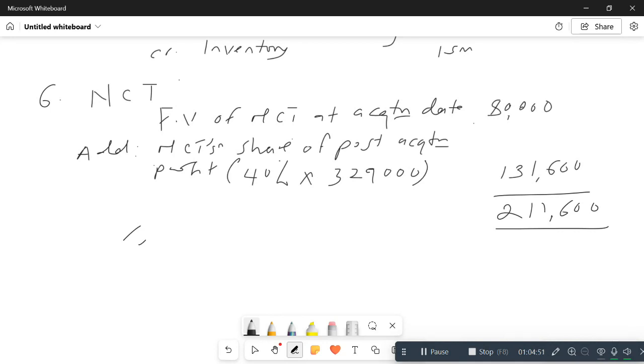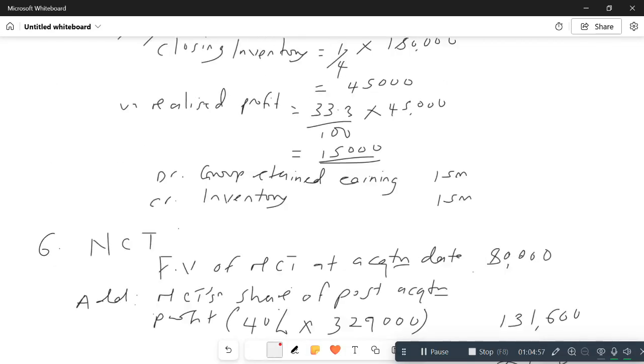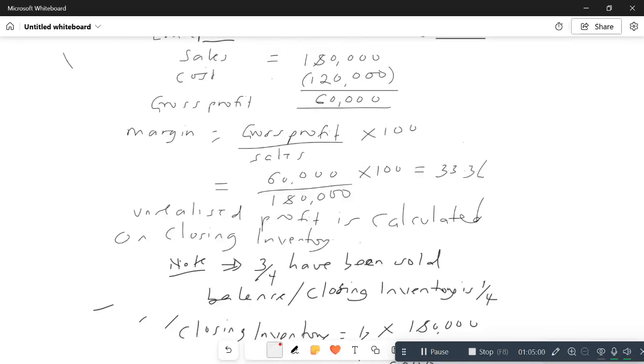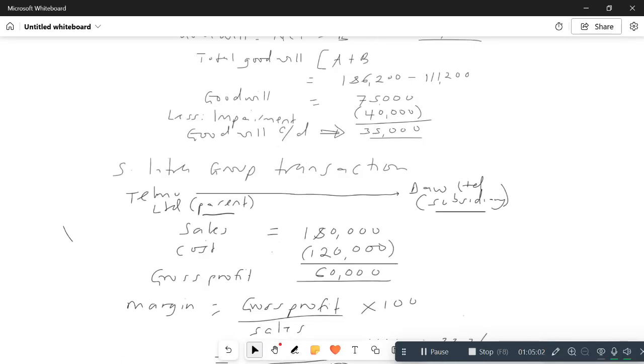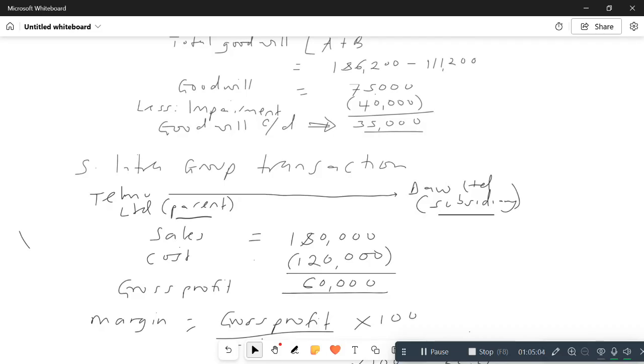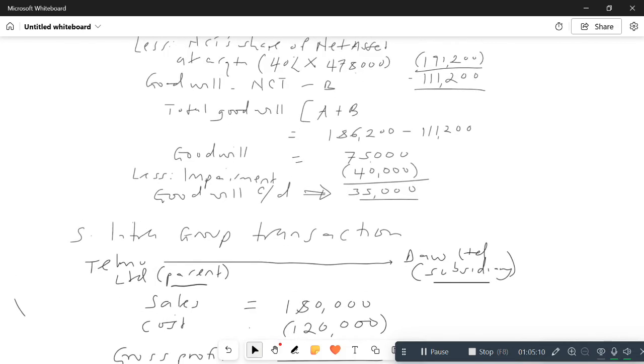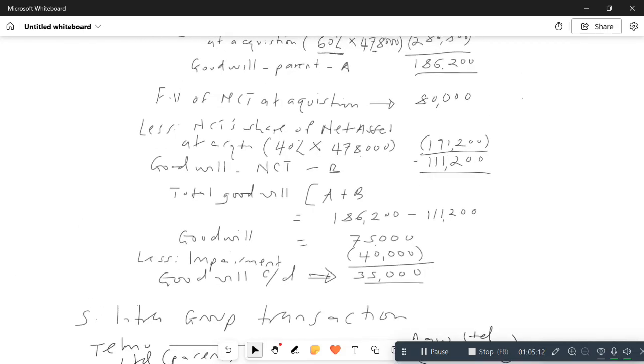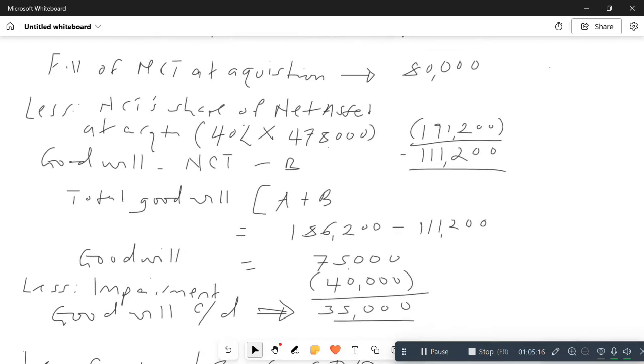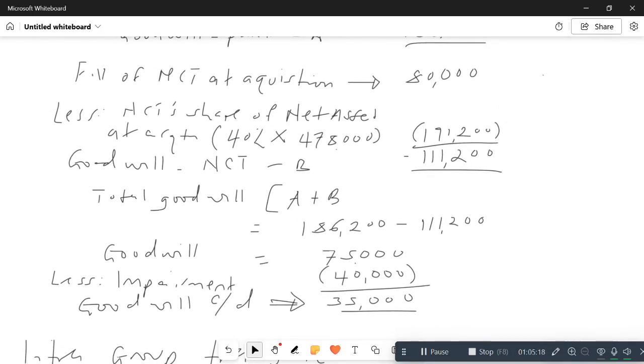And someone would ask, why are you not bringing the impairment we got under working 2? You have this impairment of 40. Yes. The reason why I'm not going to bring this impairment is because the goodwill attributable to NCI, if you can see this, was negative 111,200.